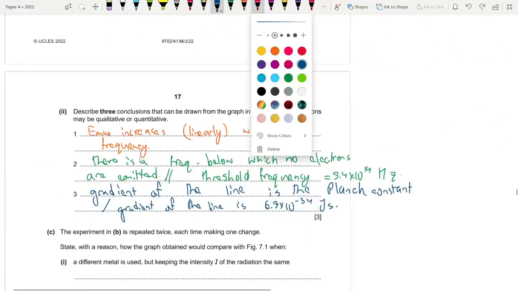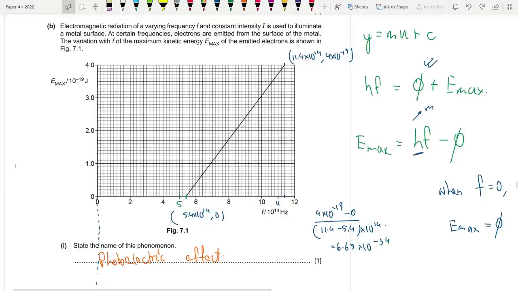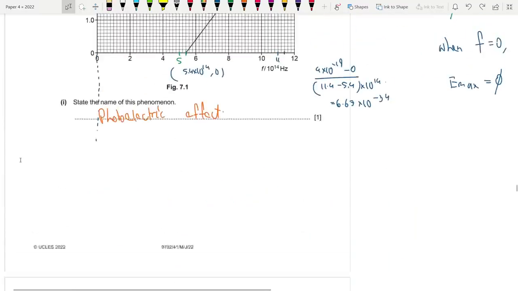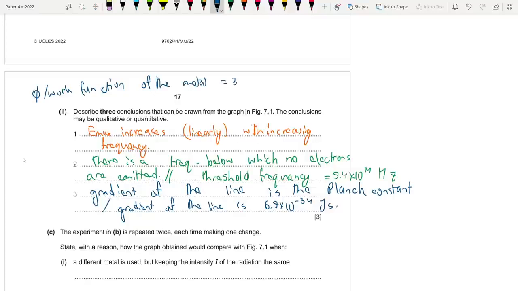They allowed the work function of the metal to be 3.6 into 10 to the power minus 19. So the work function of the metal is 3.6 into 10 power minus 19 joules.